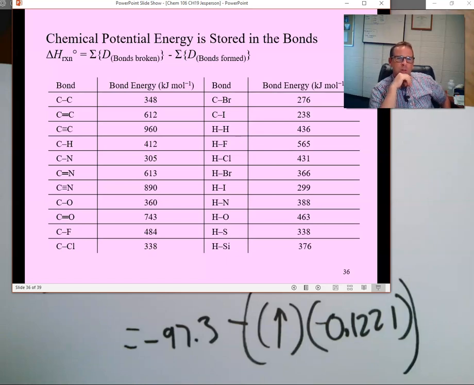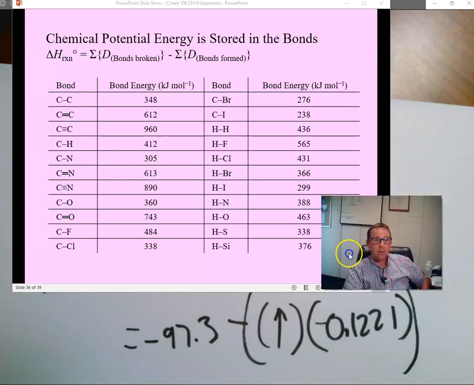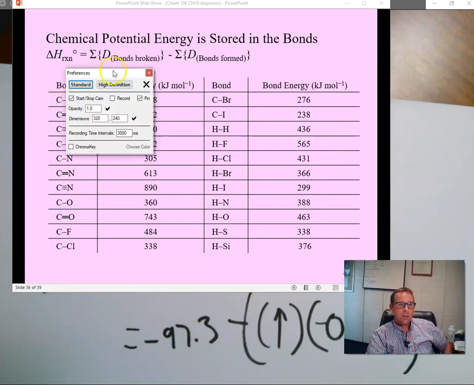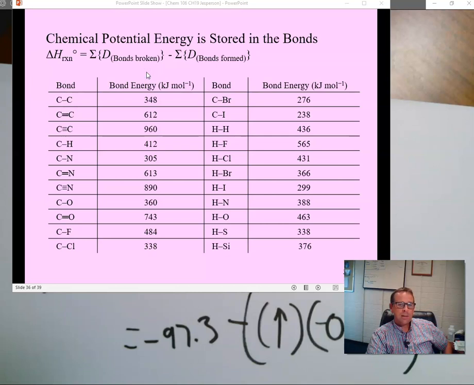We can also think about, and we've talked about this before a lot, that the energy in these chemicals is in the bonds. So when a chemical reaction occurs, you're breaking bonds and forming new bonds.